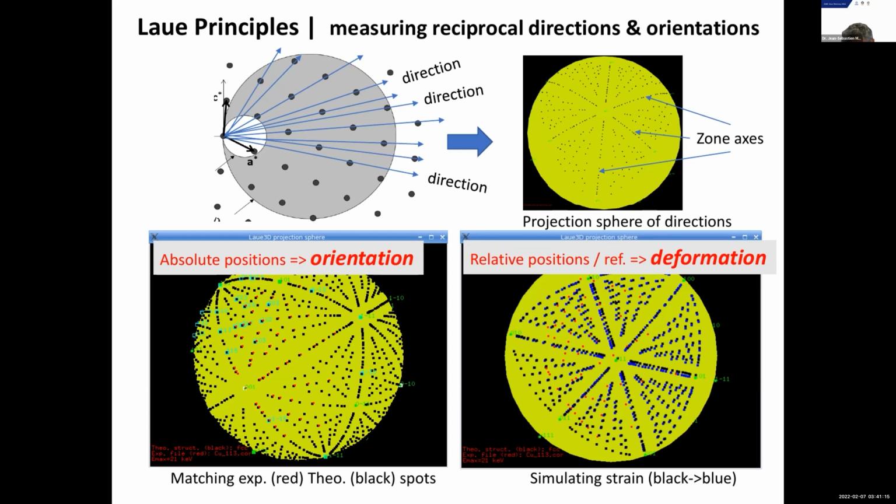And also, if you look at the tiny shift of the blue spots with respect to the reference simulated Laue spots, we can also measure the deformation of the unit cell.